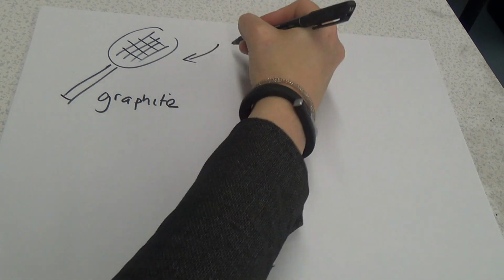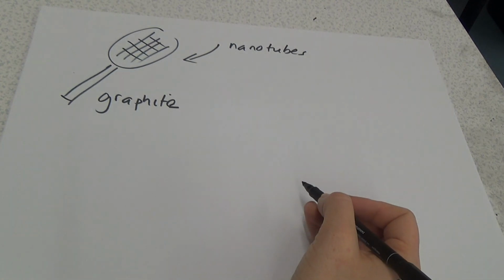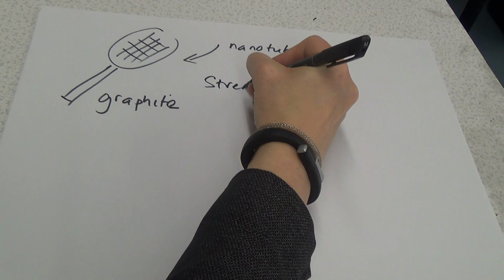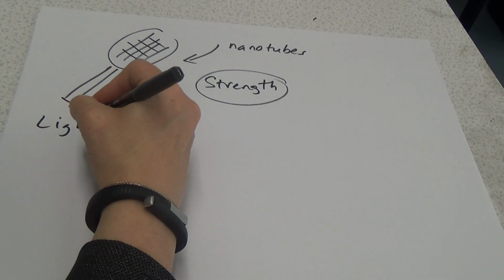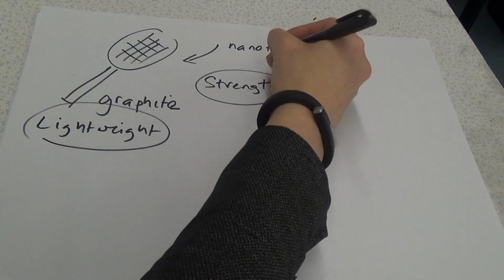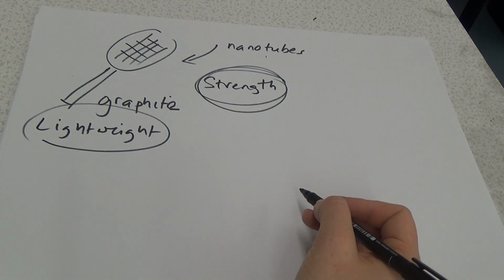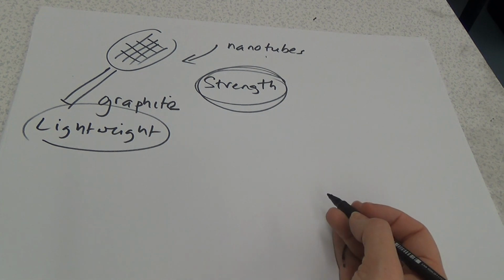However, if you add nanotubes, so carbon nanotubes, into the structure of graphite, it gives it extra strength. So it's still really lightweight. Graphite is a very lightweight substance, but the nanotubes add to the strength of the structure. Okay, so that's quite useful in particular for people who are playing tennis.